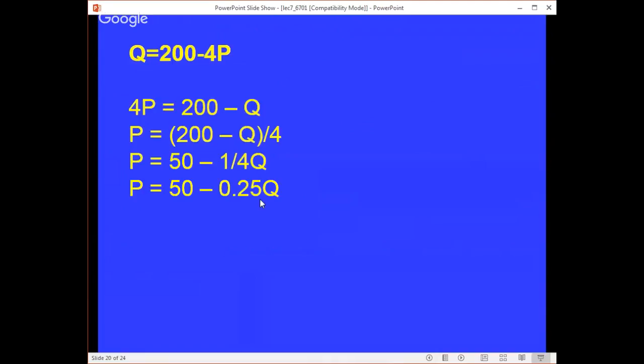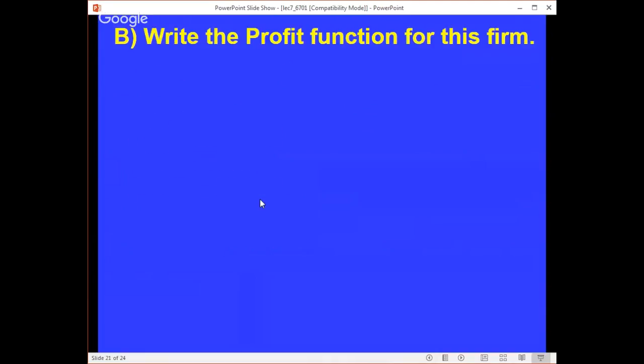The next thing then, therefore, what I want you to do is write the profit function. Remember, our cost function is equal to 0.75. Is it Q squared or Q cubed? No, I can't remember.